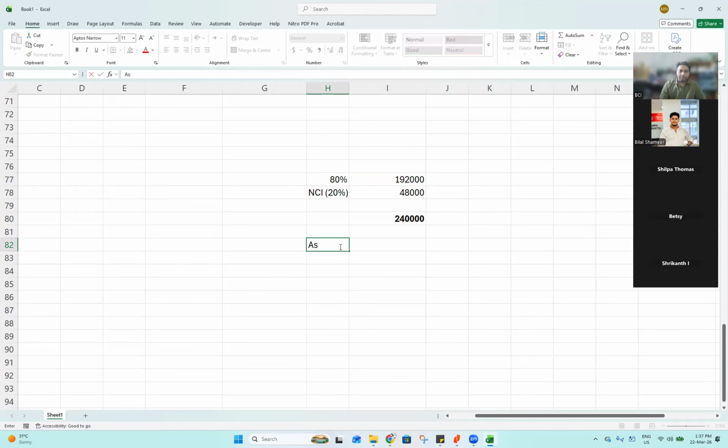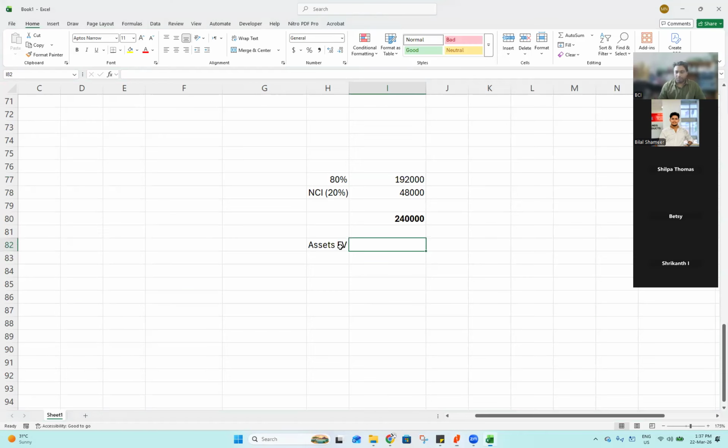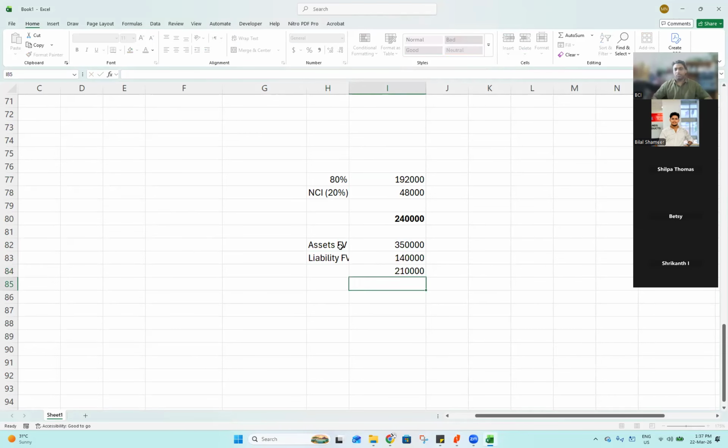The fair value of assets and liabilities is 350 and 140. So this is the net asset.